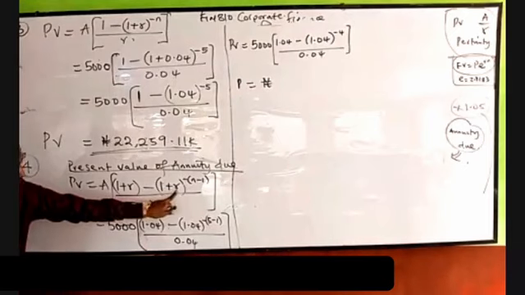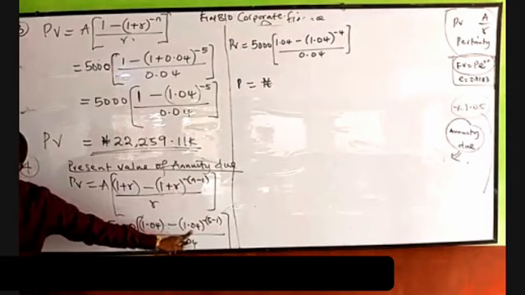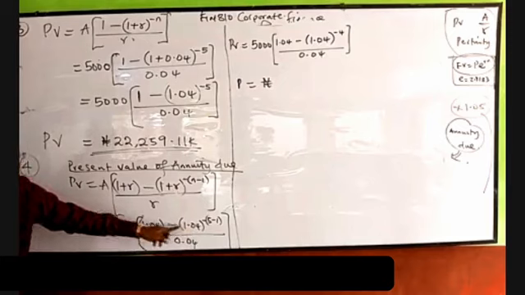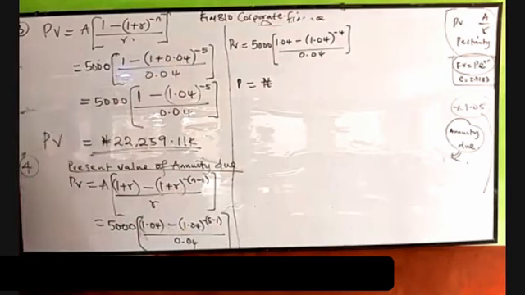Rate is 4%, which is 0.04, plus one whole number now. So that's what we also did here, this plus this. Is it clear?